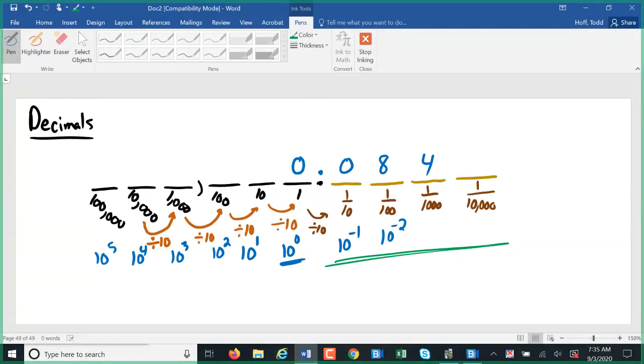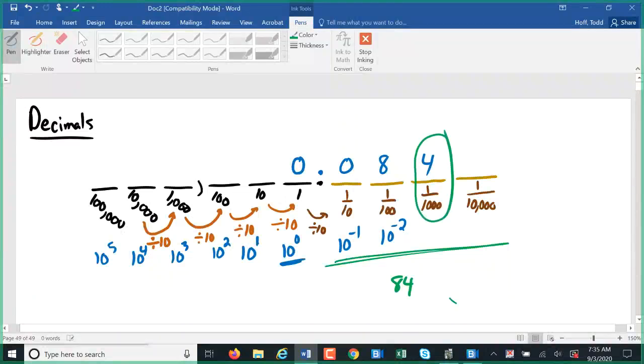And in our decimal system, in our base 10 number system, it's denominators that are powers of 10. So 0.084 actually is a fraction. It means we have 84 there. The place value of its last digit tells us the denominator of that fraction, which is 1,000.